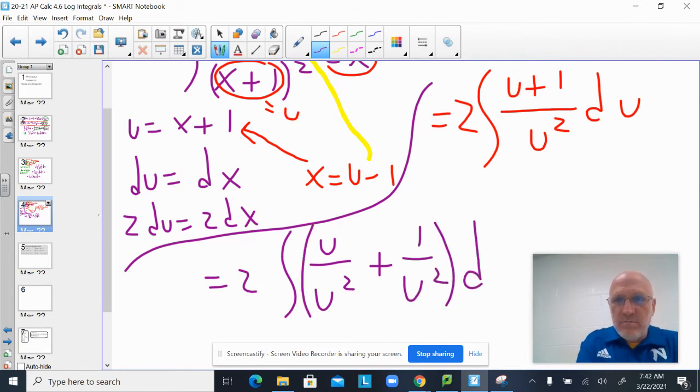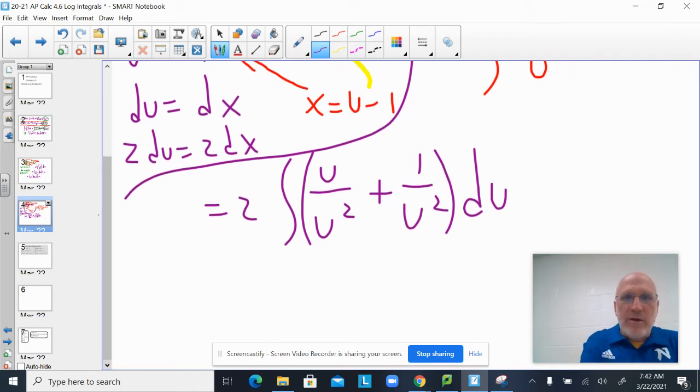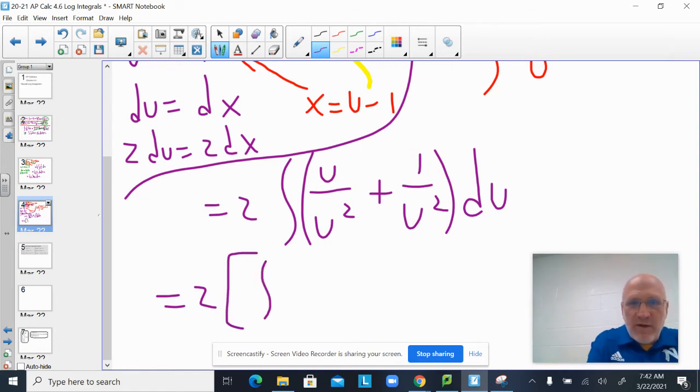I just distributed the divide by u squared. And I can rewrite this. I'll leave the 2 way out there, and I'll worry about that later. This is the integral of, let's see, u over u squared becomes 1 over u, plus the integral of, what is that, u to the negative second, I guess.